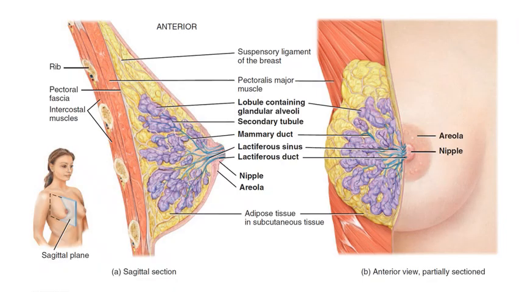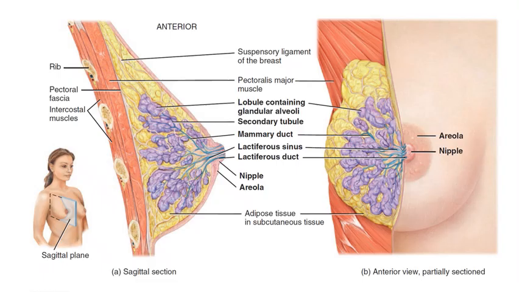Near the nipple, the mammary ducts expand slightly to form sinuses called the lactiferous sinuses, where some milk may be stored before draining into a duct. Each lactiferous duct carries milk from one of the lobes to the exterior.